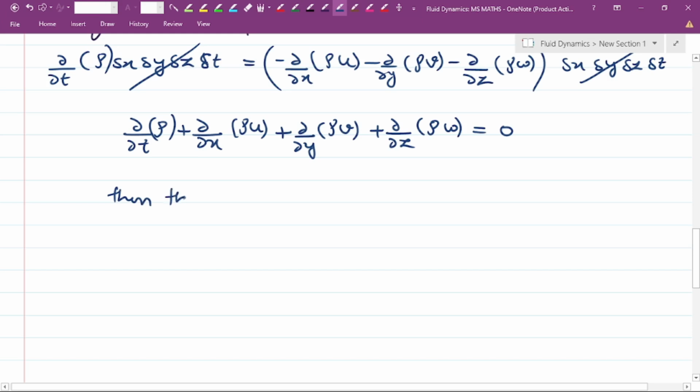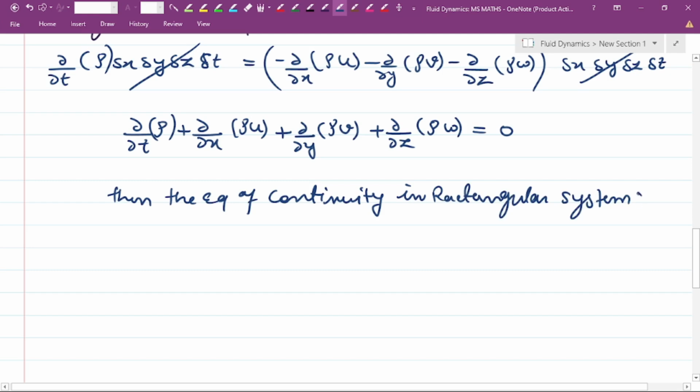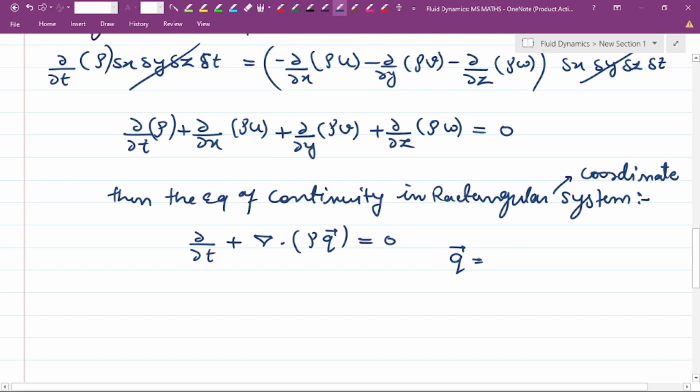Then the equation of continuity in the rectangular coordinate system is basically ∂rho/∂t plus del dot rho q vector, where q vector is u, v, w, and rho is basically the density.